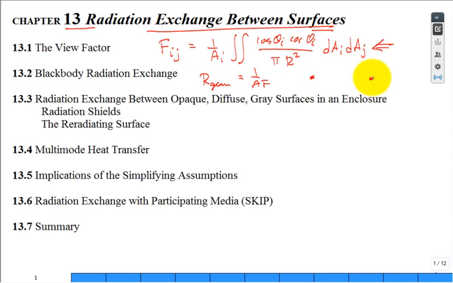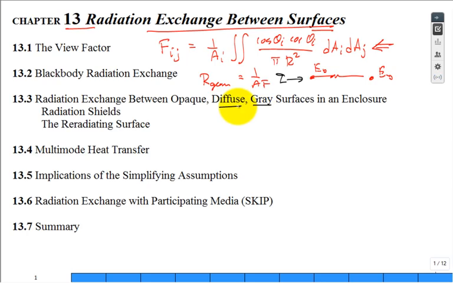The nodes were the E_b nodes, and what flows between the two nodes, driven by the black body emissive flux, is the rate of heat transfer, Q, through the resistance 1 over AF. All right.